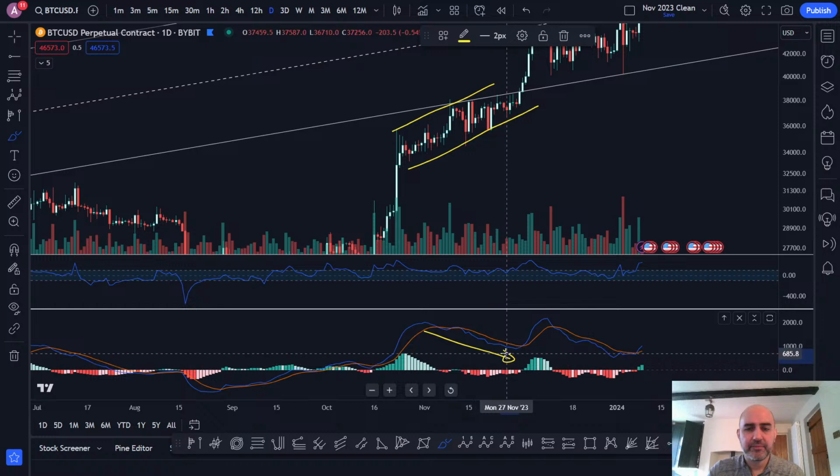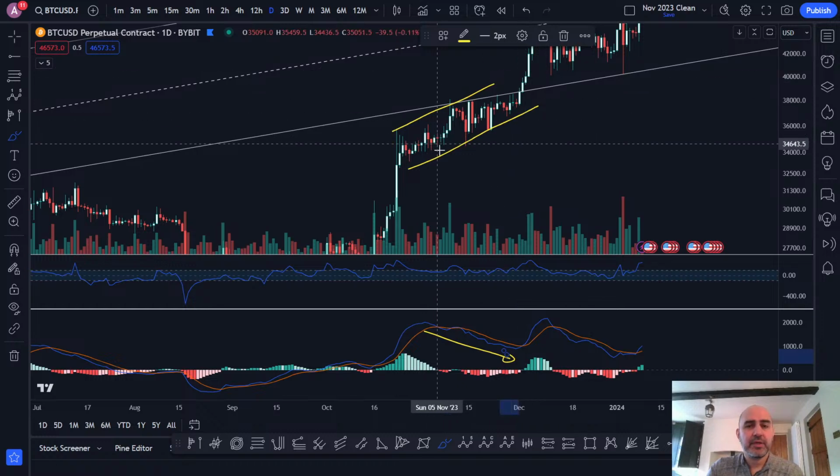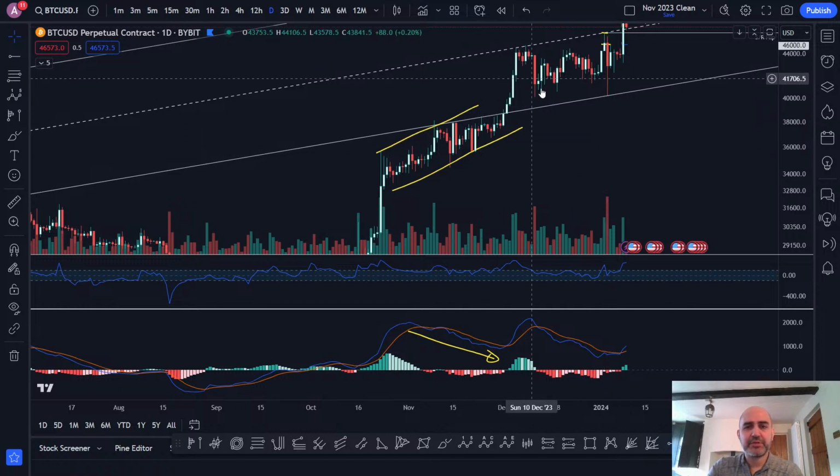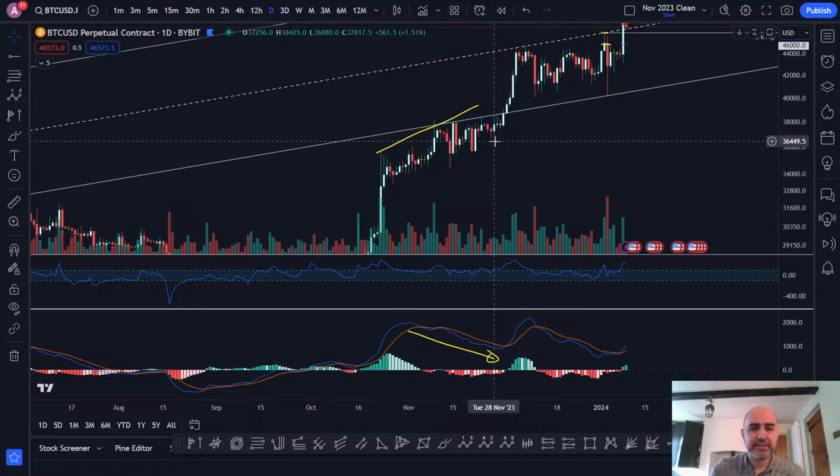Look at that. So that's ultra bullish, because even though the MACD is going down, so the MACD is showing that you've got sell pressure, the price is going up. So all of that selling is being absorbed, and so look what happened. The price just exploded into a new range just because of that.